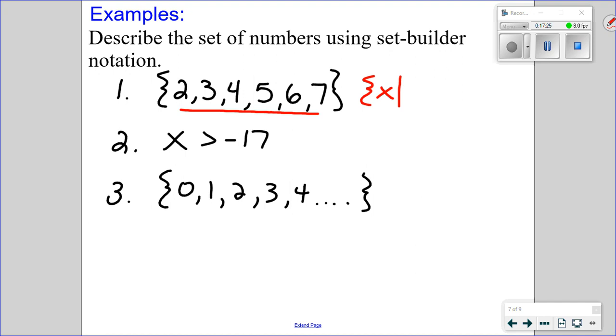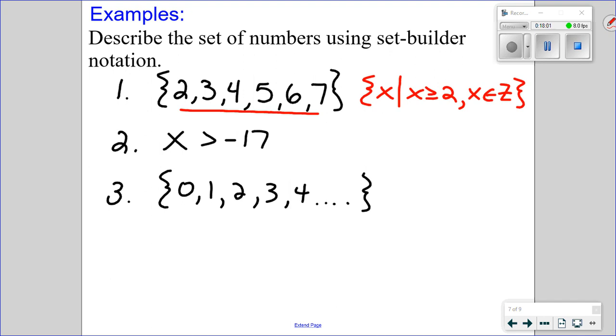So it's looking like the numbers in this set are greater than or equal to 2, but the numbers I'm noticing are also integers, so I can say x is an element of the set of integers. You could also, instead of a Z for integers, have used N for natural numbers, or you could have used a W for whole numbers. I just chose to use Z for integers.